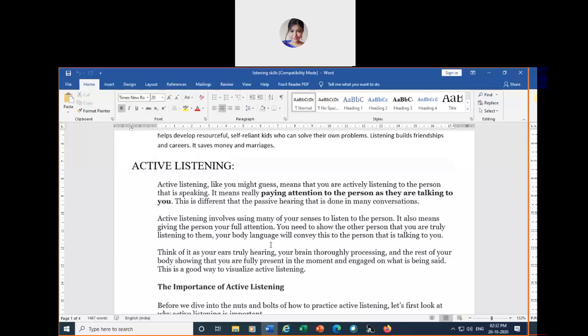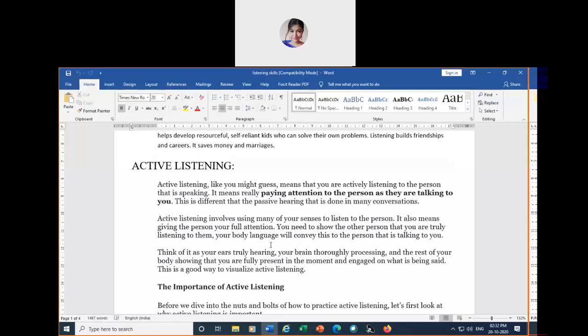You should take care of all these things. Being a listener, you should maintain eye contact, you should appreciate the speaker, and you should also try to make a connection. Of course, the speaker is going to try to make a connection, but along with the speaker, you also need to try to maintain a connection with the speaker.